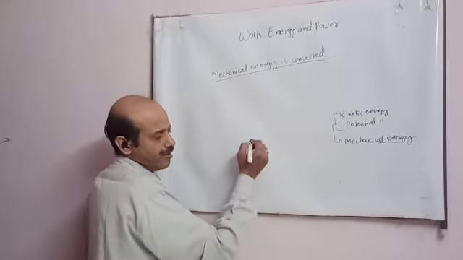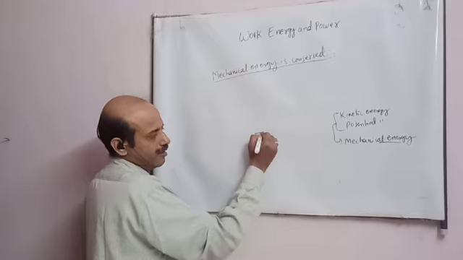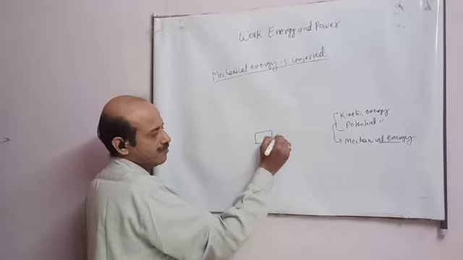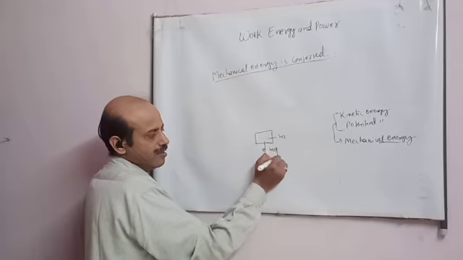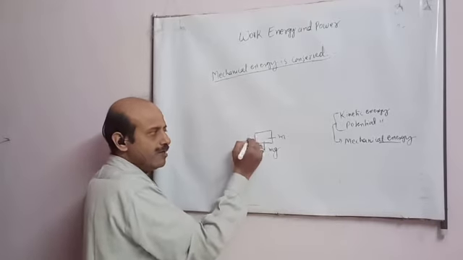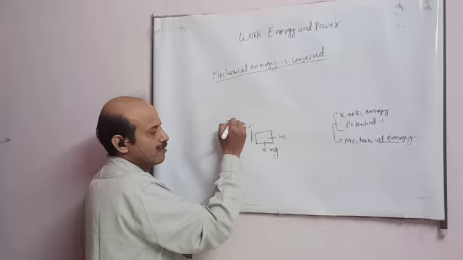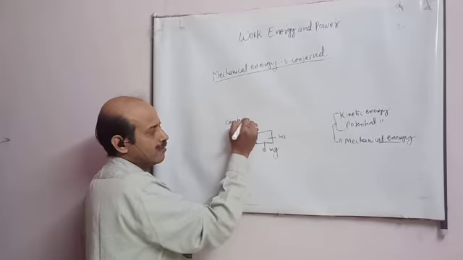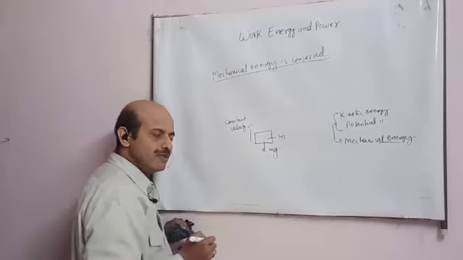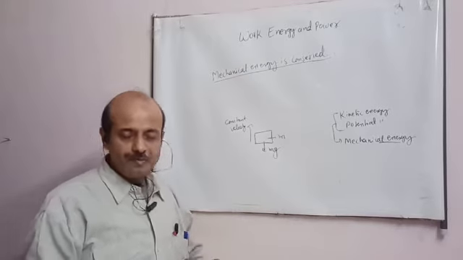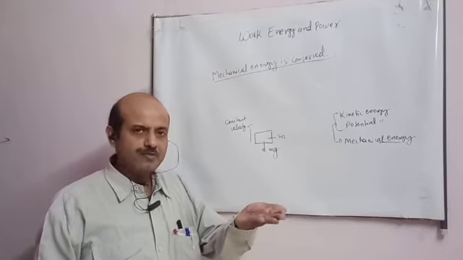When, student, I lift an object up, an object of mass m, Earth is pulling it downward with mg, I am lifting it up at constant velocity, student. So when I am lifting up, I have to increase the force a little bit.